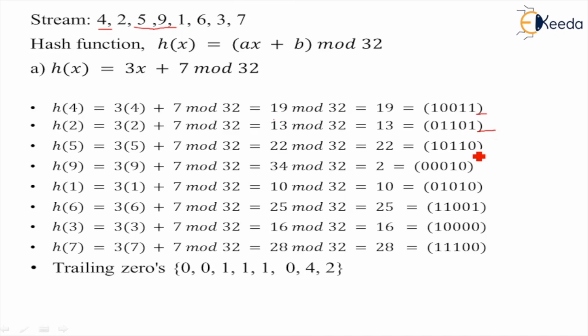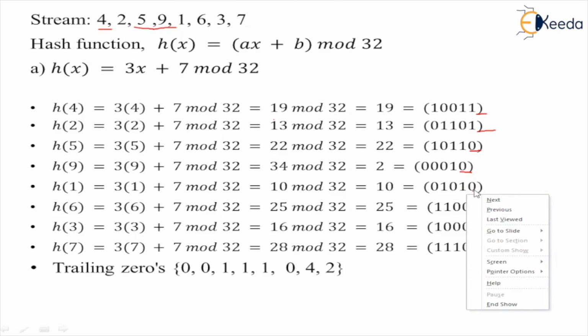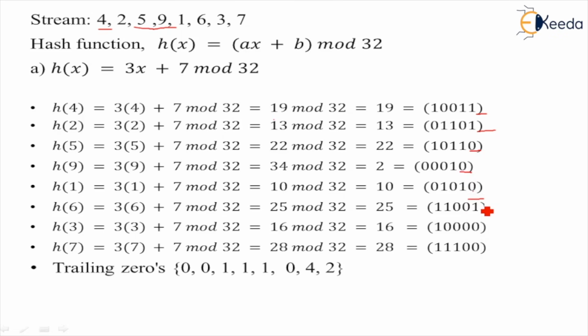Here we got 1 trailing zero, 1 trailing zero, here also 1, then 0, 1, 2, 3, 4 and 1, 2. So we write all the trailing zeros in curly braces. The max of this is 4. So capital R is equal to 4.